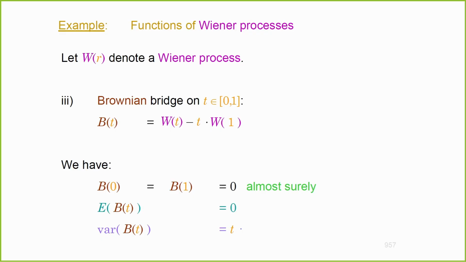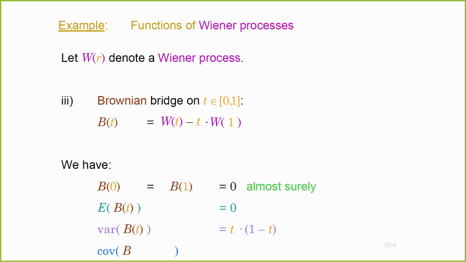I was just presenting the final result, which is t times 1 minus t, and it should be noted that this is less than that of the Wiener process, by the way. Okay, so that is it. At time point 1, there is no variance anymore because the variance degenerates to 0 after all. So the process degenerates to a constant.